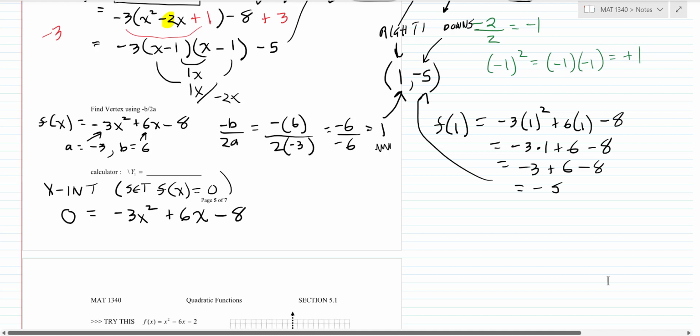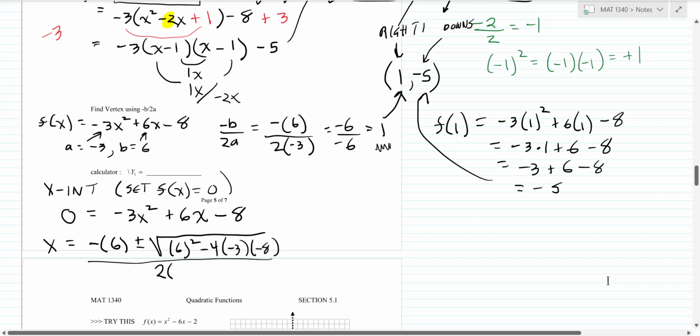Okay, so when I go to the quadratic formula, I'm going to have negative b, so b is 6. Then I'm going to have plus or minus the square root of b squared minus 4 times a times c, right? There's b squared minus 4ac. And then all over 2a, and a is negative 3. Okay, so we want to get that worked out as far as we can and see if this time we have an x-intercept.